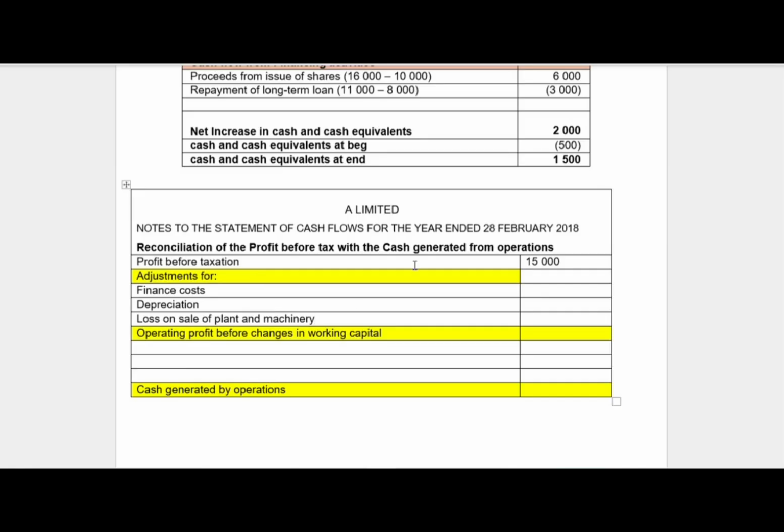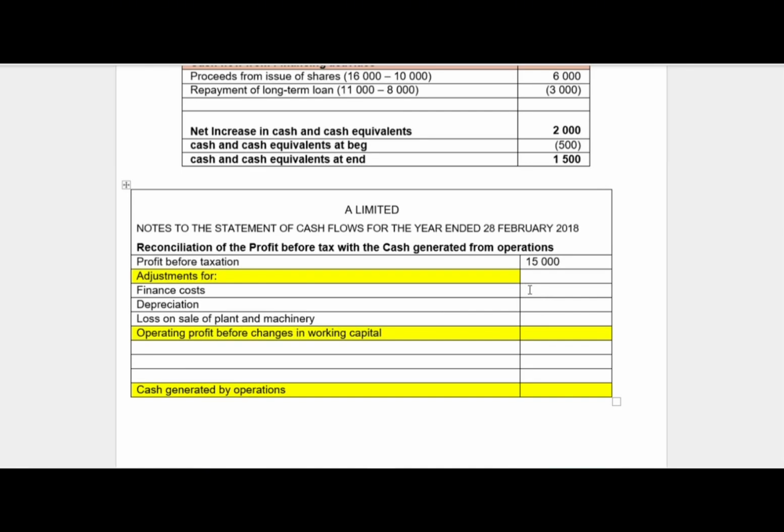That is why we add them back. We need to adjust them from the profit before taxation in order for us to calculate operating profit before changes in working capital. So we're going to add all these expenses, right?